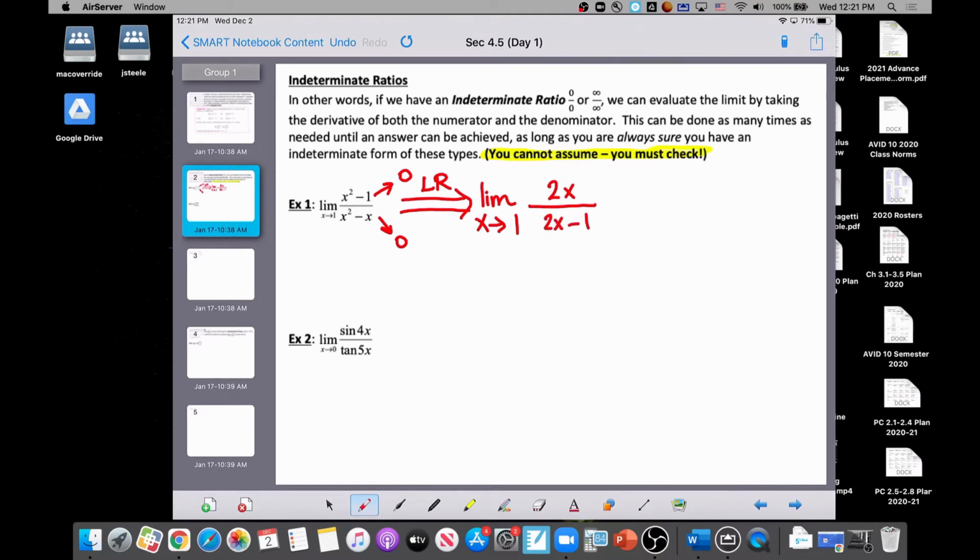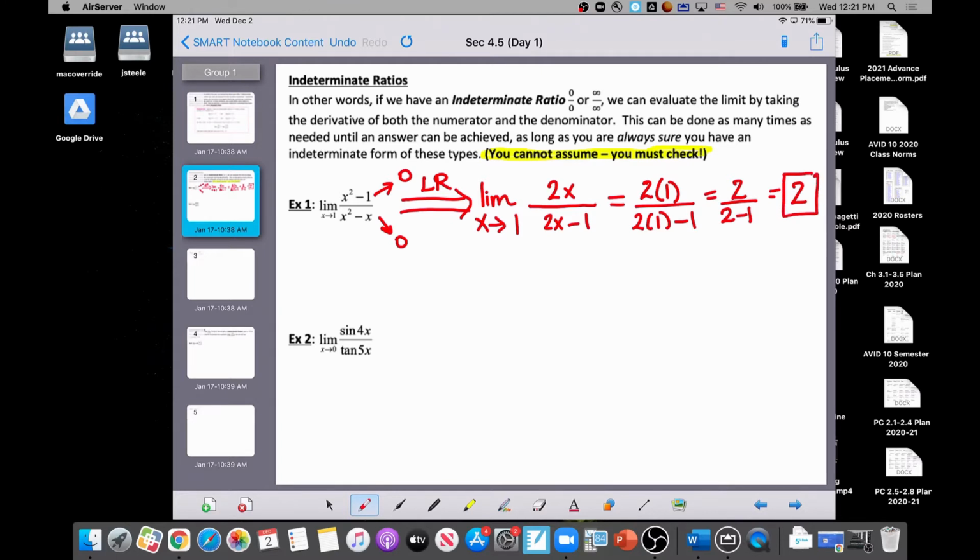And now if I plug in x equals 1, my numerator and my denominator no longer go to 0 over 0. So now I can actually evaluate my limit using direct substitution, which is going to be 2 times 1 over 2 times 1 minus 1, which is going to give me 2 over 2 minus 1, which is 2.